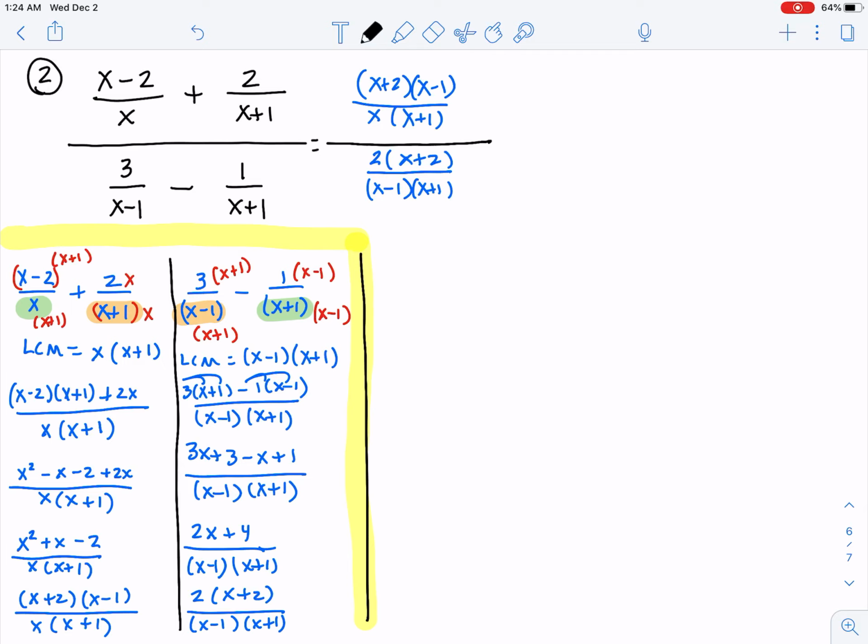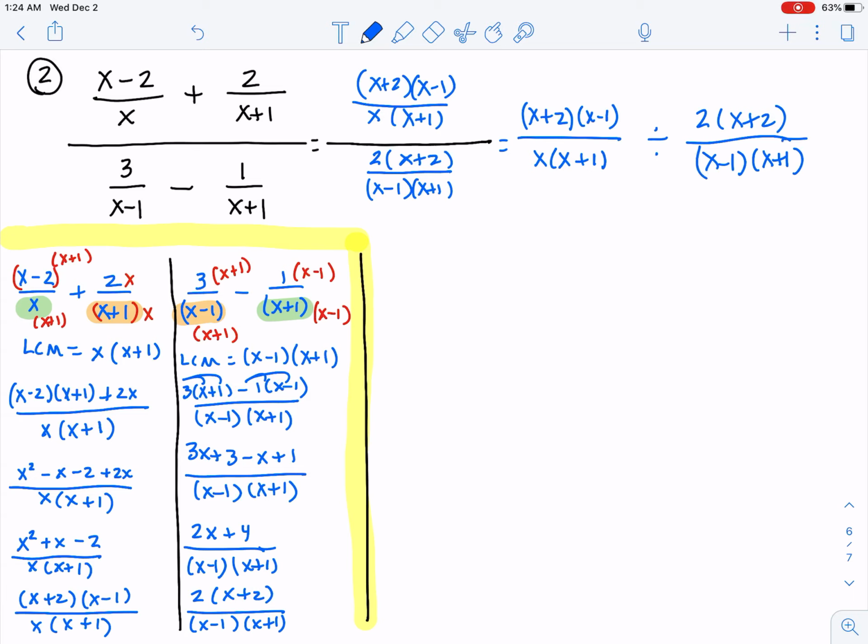I'm now going to rewrite this. Let me get the blue. I'm going to rewrite it old school, so the numerator divided by the denominator, just like you see it. Notice I'm not doing too many steps at one time.